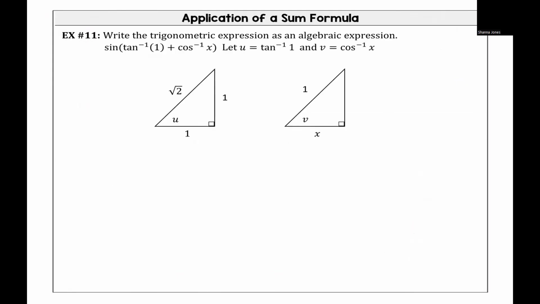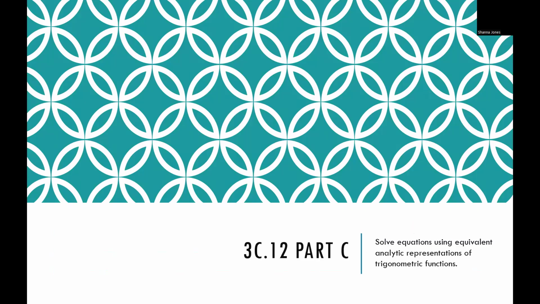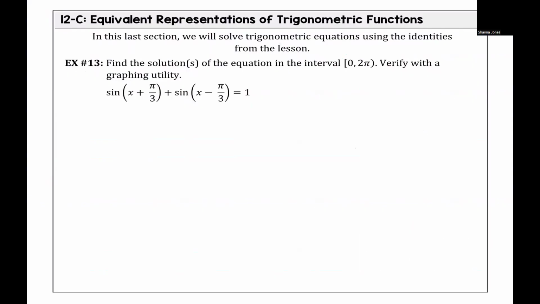All right. So now we are at C. Yes. So that was a quick rundown of A and B, and now we're at part C. So starting here, we have sine of x plus pi over 3 plus sine of x minus pi over 3 equals 1. And it wants us to solve for x.